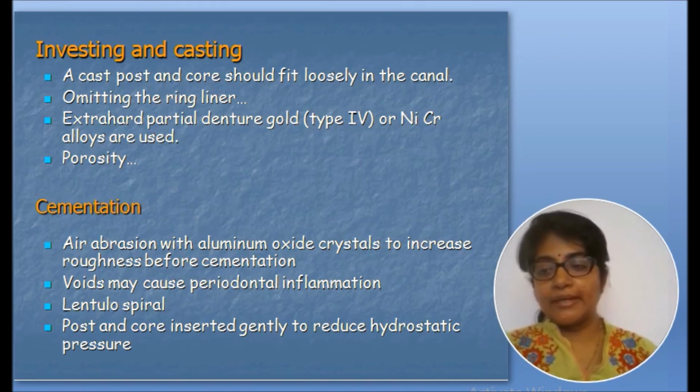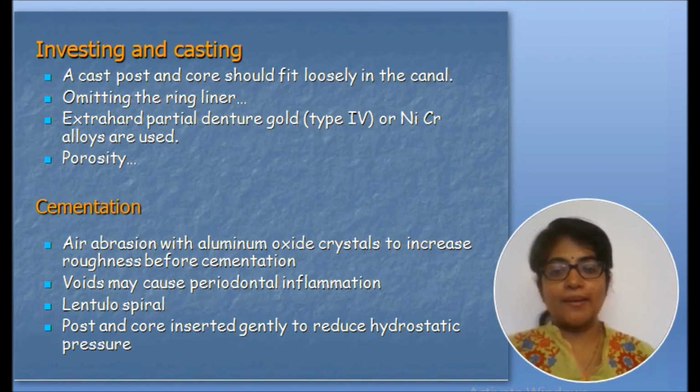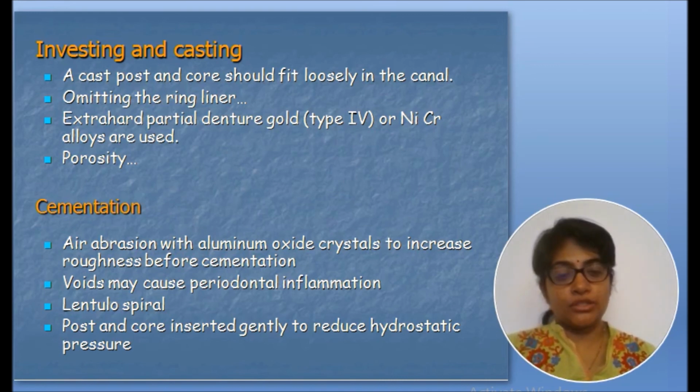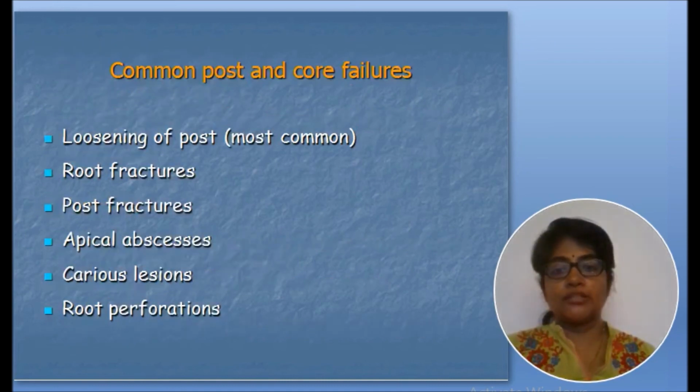Now before cementation, we should do the air abrasion with aluminum oxide crystals, sandblasting, to increase the surface roughness, and we should mix the cement and carry it in the canal using a Lentulo spiral. And insertion of the post and core is done gently to reduce the hydrostatic pressure. So these are the precautions to be taken in cementation.